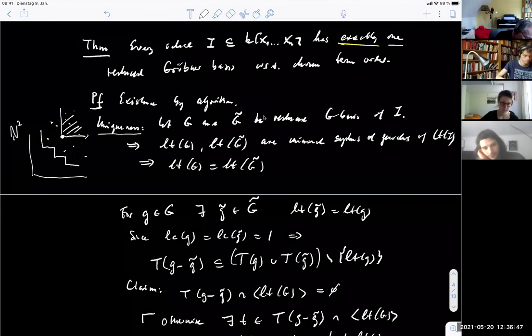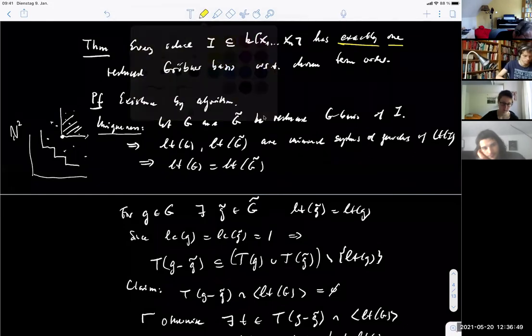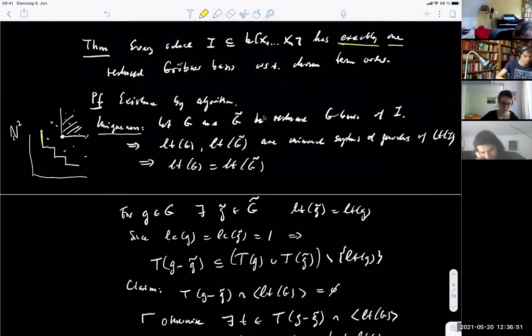So the only way this can happen is that you always have such a staircase, okay? And the monomial ideal consists of the points above the staircase. Now, this is not a formal proof, but it's a picture. So I think you will understand. And then the minimal generators are at the corners, okay?